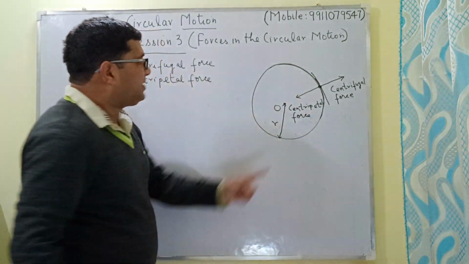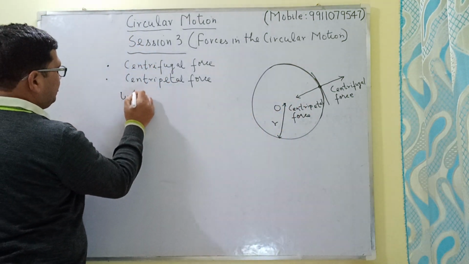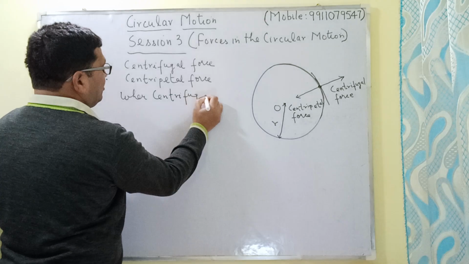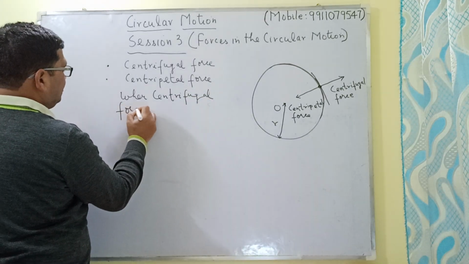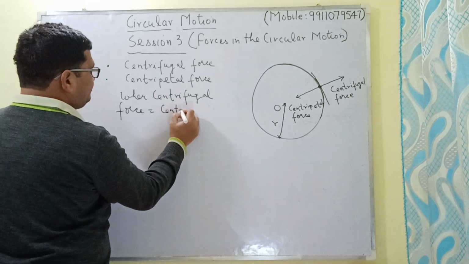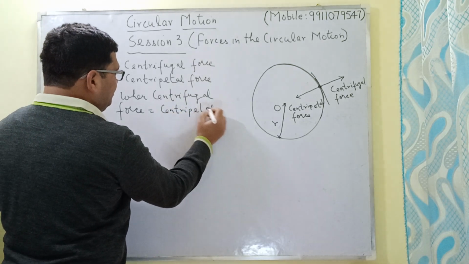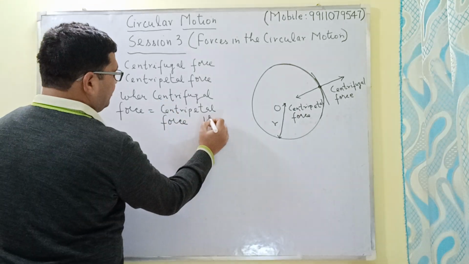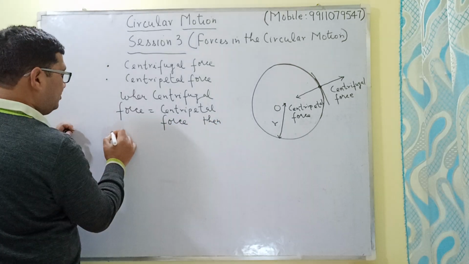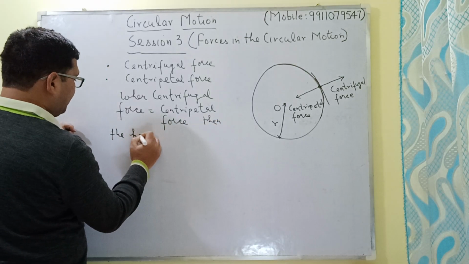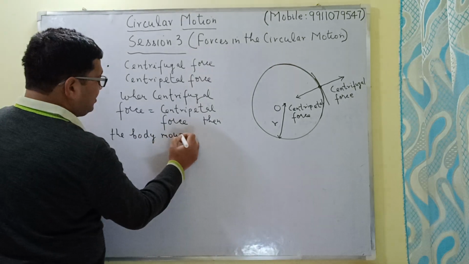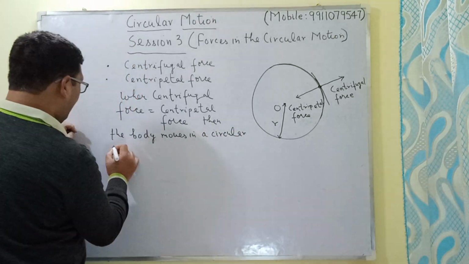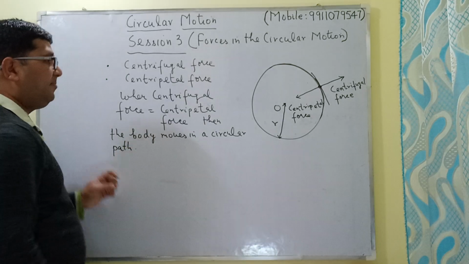Now when the centrifugal force is equal to the centripetal force, then the body moves in a circular path, as shown in this diagram.